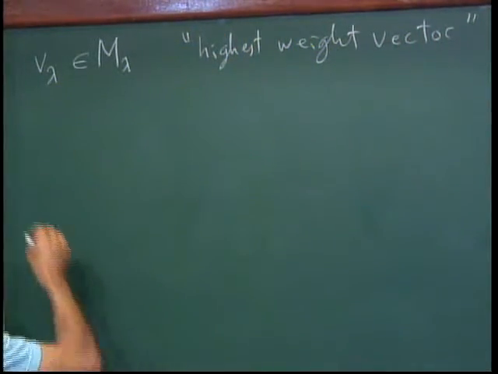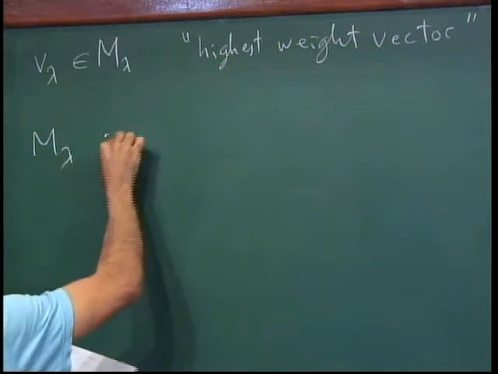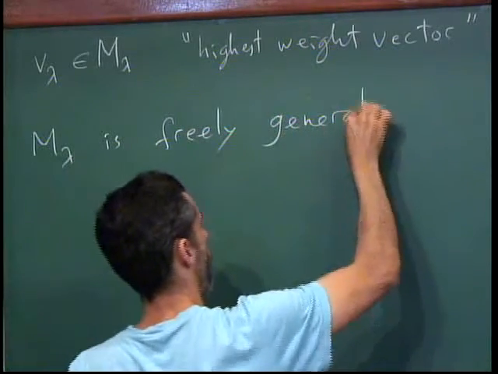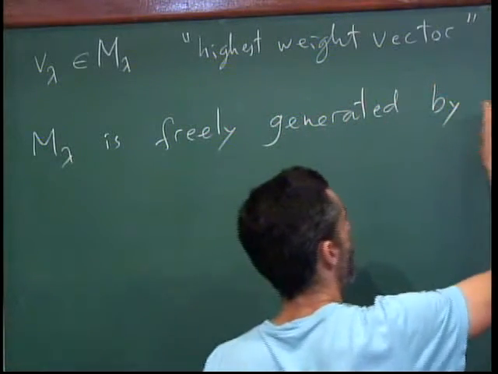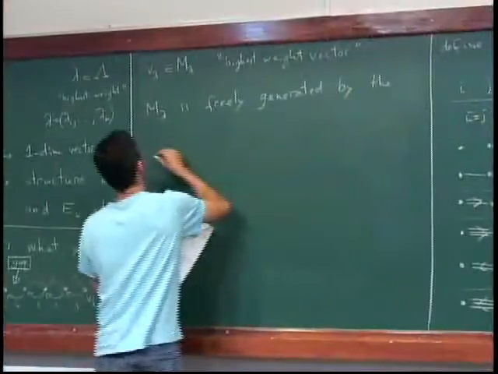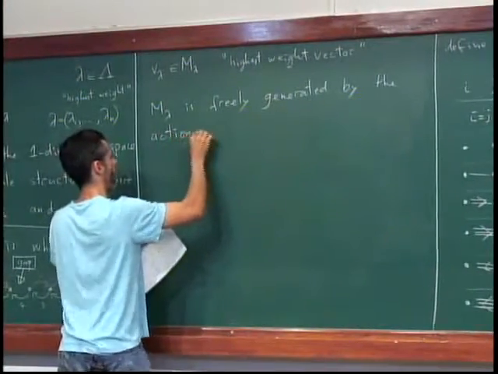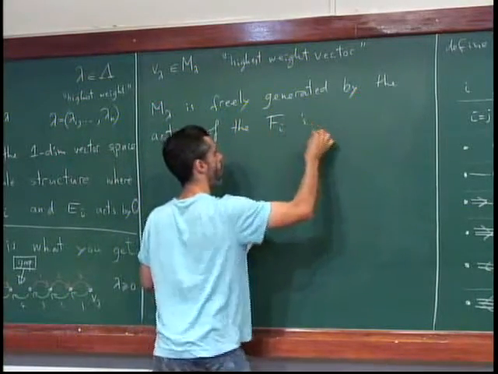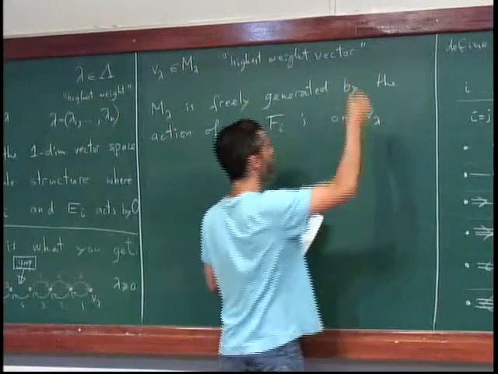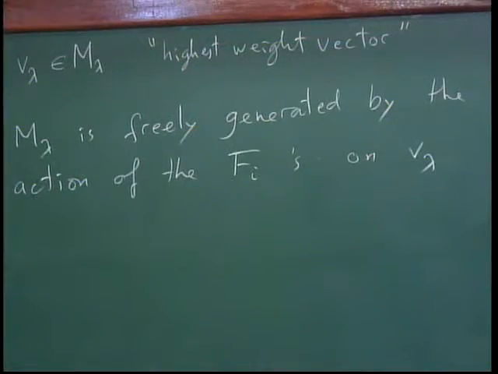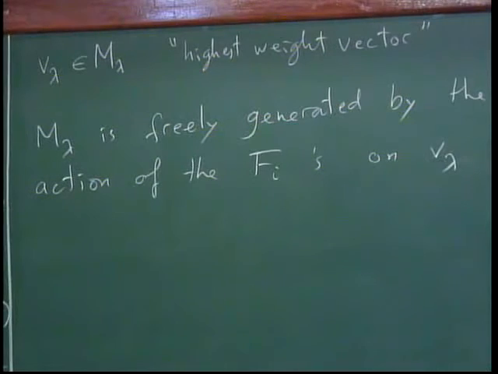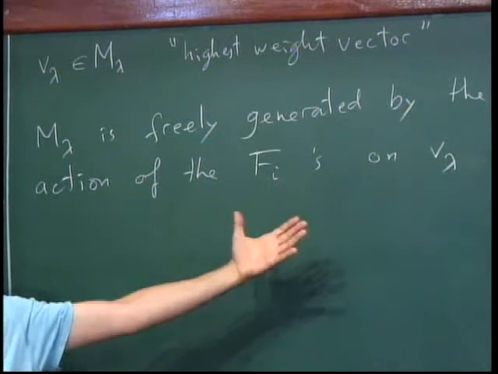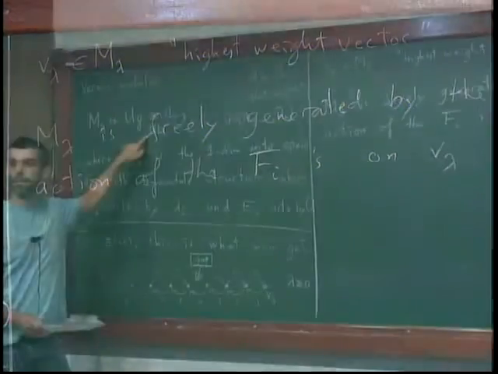Then you can say that M lambda is freely generated by the Fi's acting on this particular vector. And this is not really saying anything new. This is just a way to think about what this definition means.